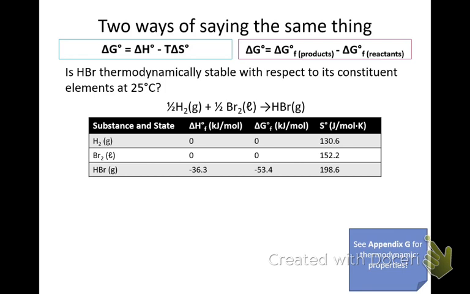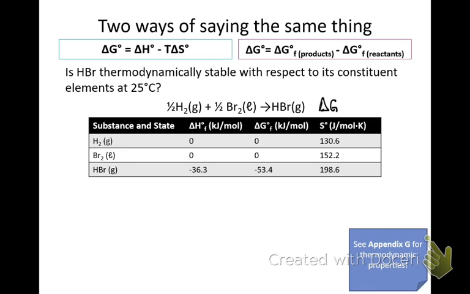So here we can answer this question: is HBr thermodynamically stable with respect to its elements at 25 degrees C? In order to answer that question, we're finding delta G. Delta G will tell us whether it is spontaneous to form HBr or whether it is spontaneous for it to remain stable as elements. So we're looking for delta G for this reaction.